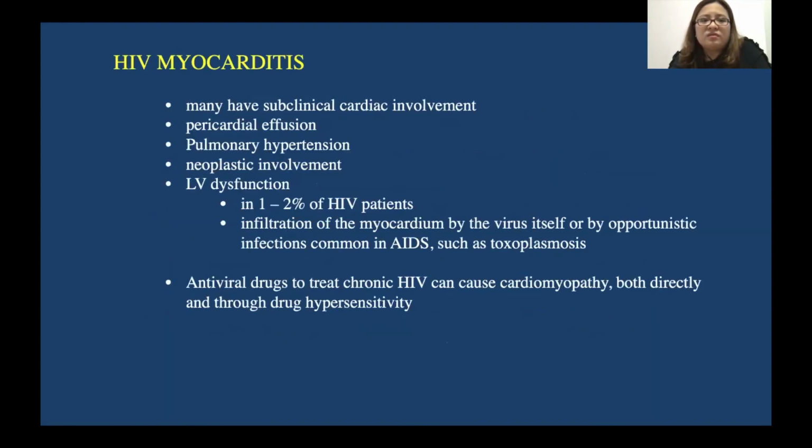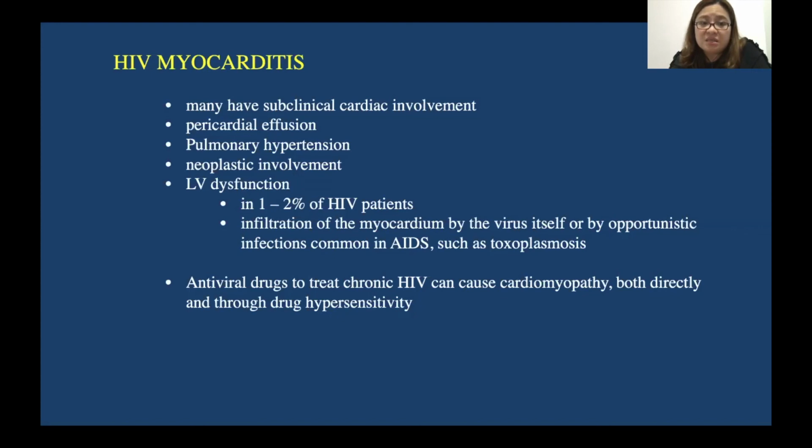The next cause of myocarditis is secondary to the human immunodeficiency virus, many of which have subclinical cardiac involvement. Some might present with pericardial effusion, others with pulmonary hypertension and neoplastic involvement. There is LV dysfunction in 1 to 2% of HIV patients.